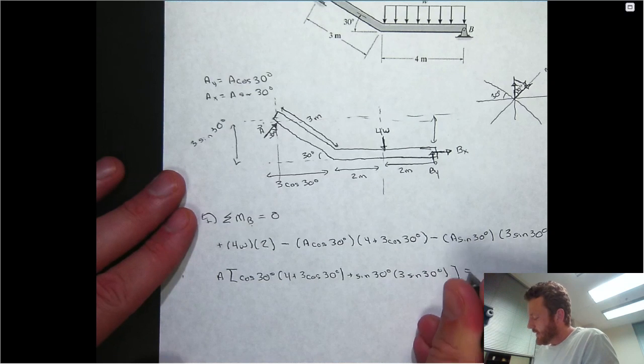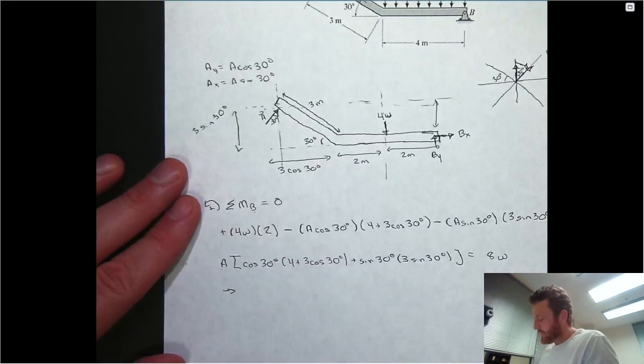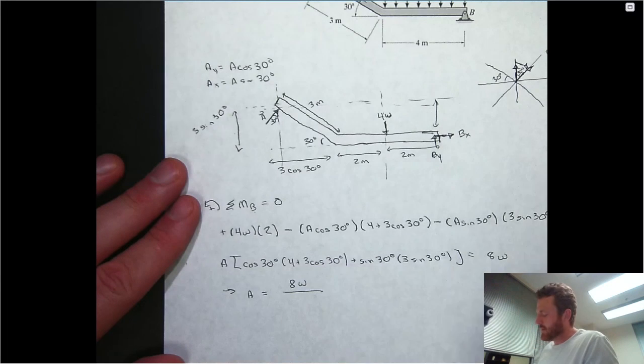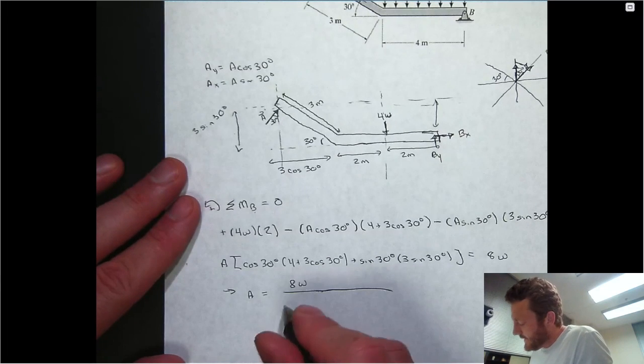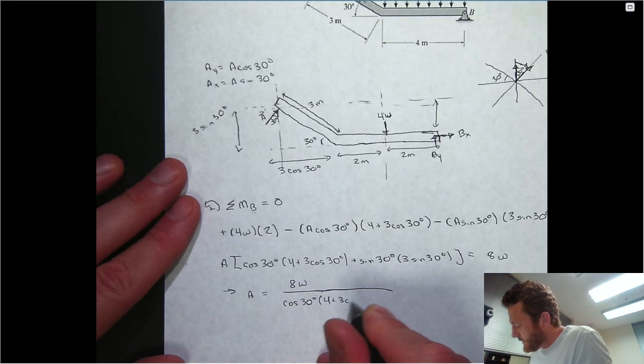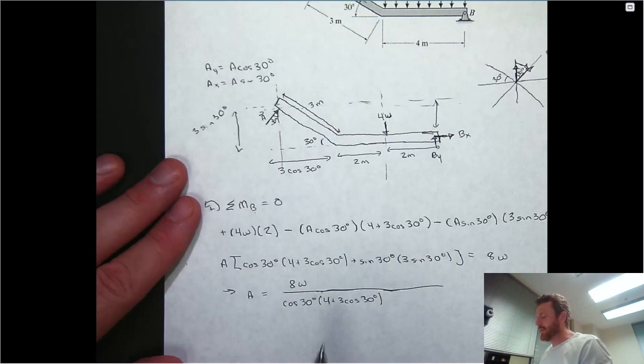And that whole thing is equal to 8W. So A is nothing more than 8W divided by this ugly thing in the denominator, where the 8W came from 4W times 2. It looks ugly, but it's basically just a distance, right? That was that perpendicular distance.